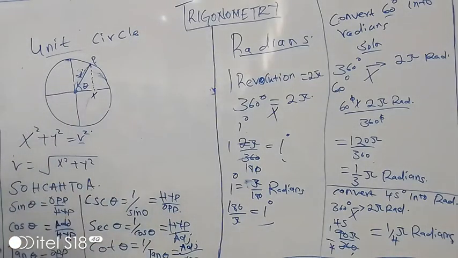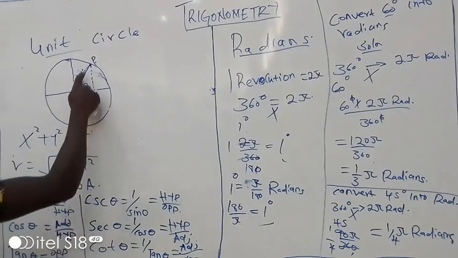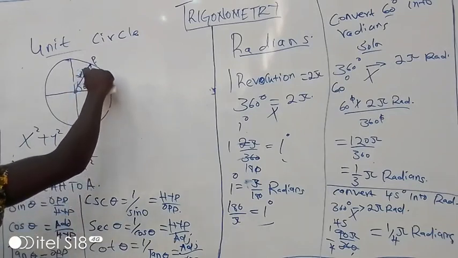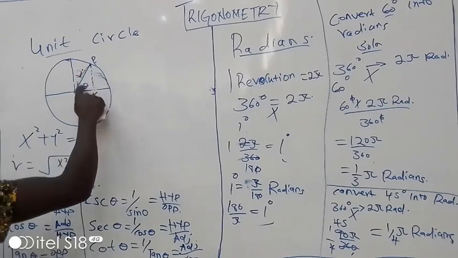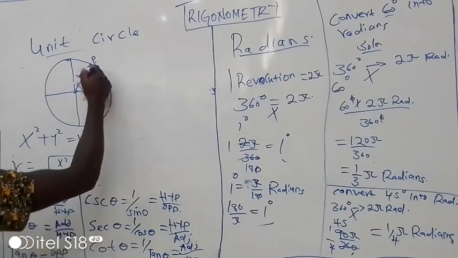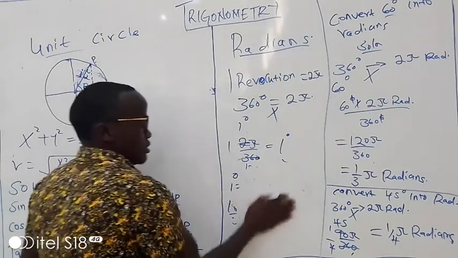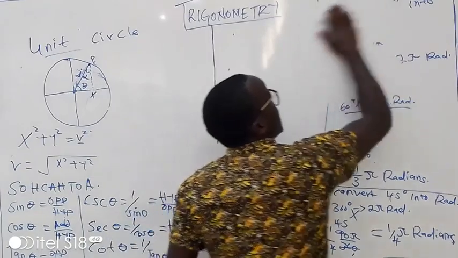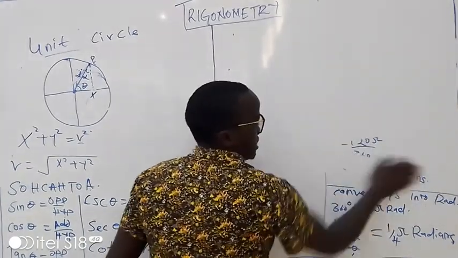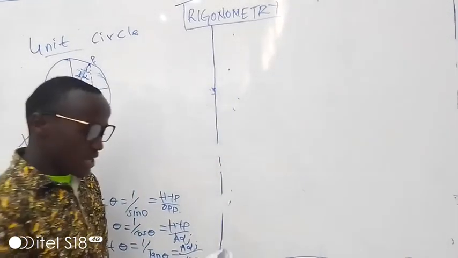Having known all these, we can be in a position to find all the sides and also find the angles here and here. Since we know this, we can find this and call it alpha. So we can look at something else under the unit circle, so that we can see how to solve the problems.